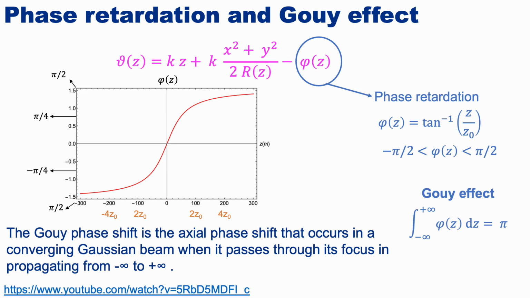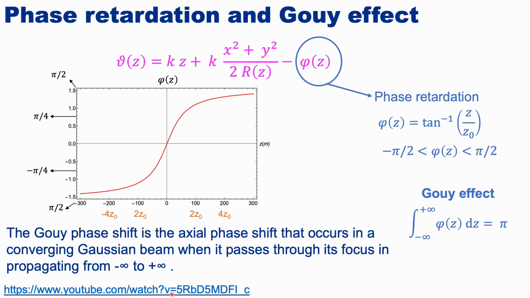The retardation phase is the inverse tangent of the transverse plane position over the Rayleigh range, and as we can see in the plot, there is a shift of pi. The retardation is equal to 0 at the waist position, but when we move from the right to the left, to the symmetrical position, there is a change of pi in how the light changes through the propagation of the Gaussian beam.